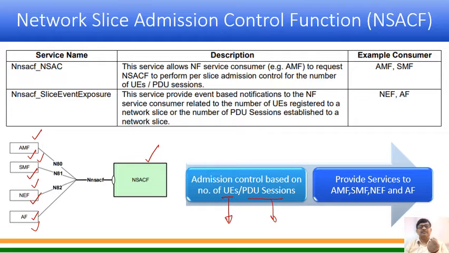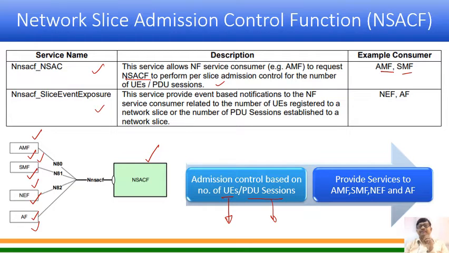So let us look at the two services which this network function provides. The first service is consumed by AMF and SMF. It allows the network function service consumer, that is AMF or SMF, to request the NSACF, network slice admission control function, to perform per slice admission control for the number of UEs or PDU sessions.